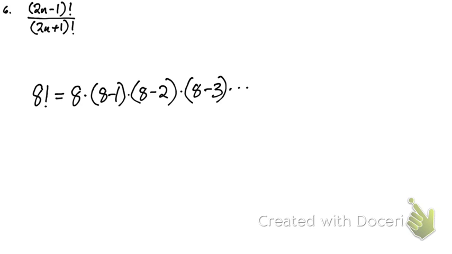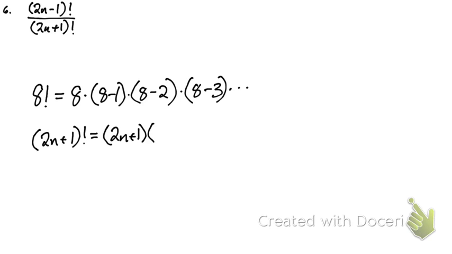So let's use that fact to talk about (2n plus 1) factorial. If I needed to rewrite that as the whole thing, that would be 2n plus 1 times... Now, here's the thing. We just need to subtract 1 from this to get to the next step.